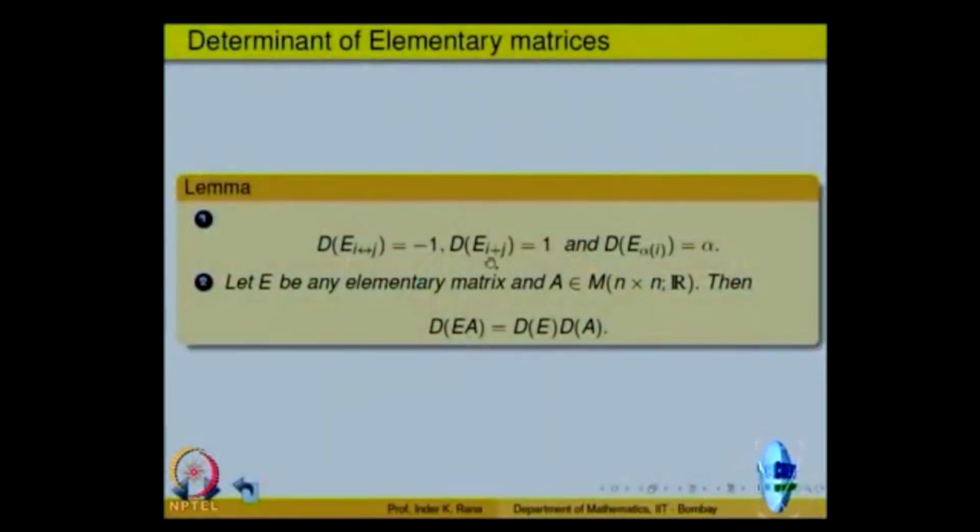The second one was Ri plus Rj. If you take the jth row and add it to the ith row, what should you get? Just now we saw, if you add alpha Ri to Rj, it is the same as the original one. Here alpha is 1, so 1 times Ri plus Rj is put in the jth place.